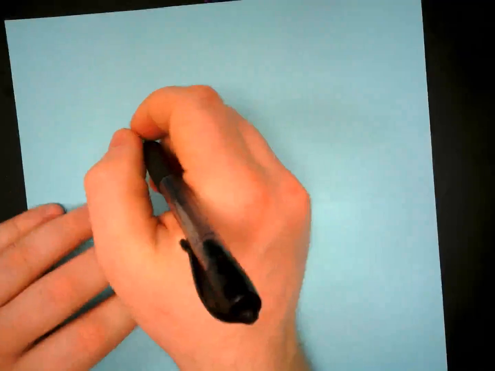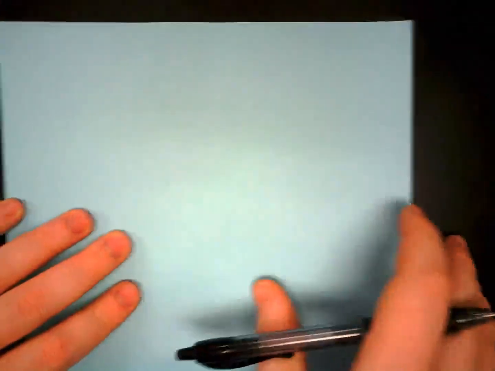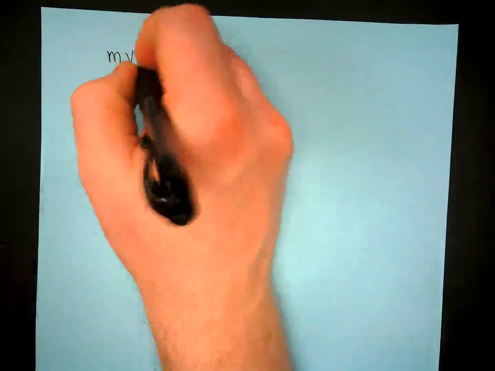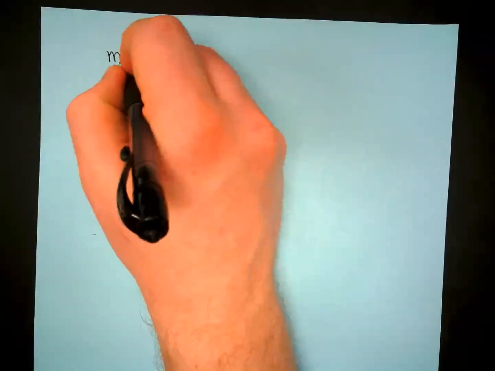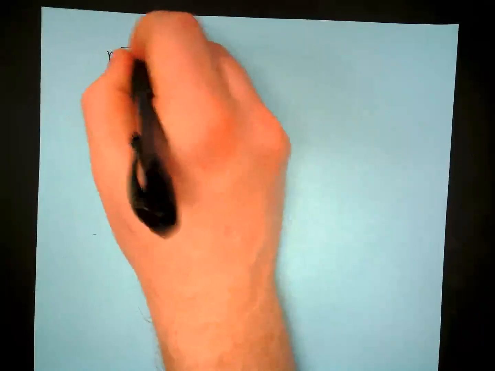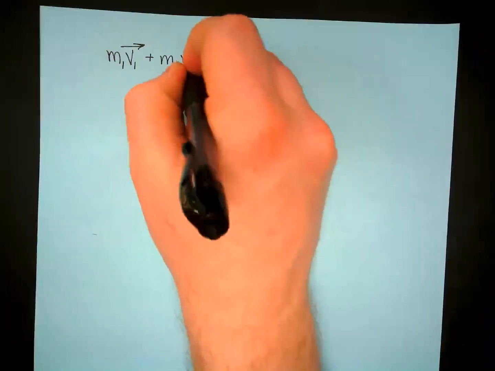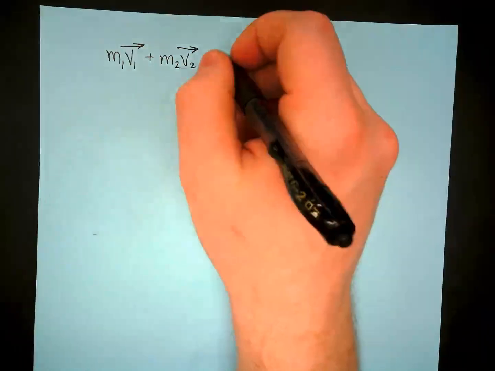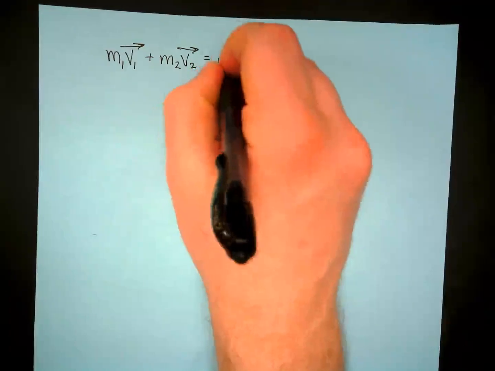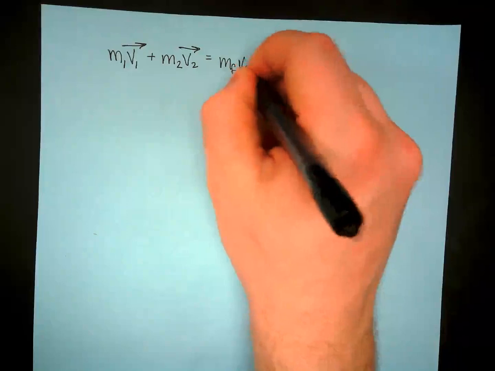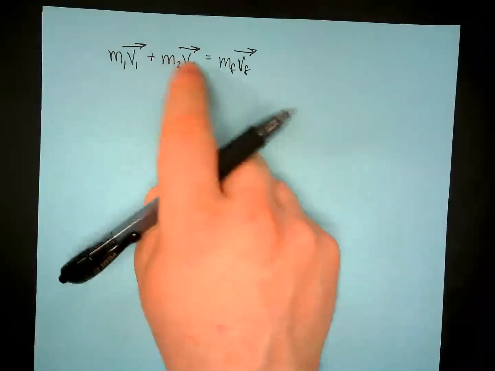Now, another way we can do this is using the law of conservation of momentum equation. So remember, that's going to be m1 times the velocity of our first object plus the mass of our second object times its velocity is going to be equal to, since it's a completely inelastic collision, mf, which is going to be the combined 1 plus 2, times the final velocity of both objects.